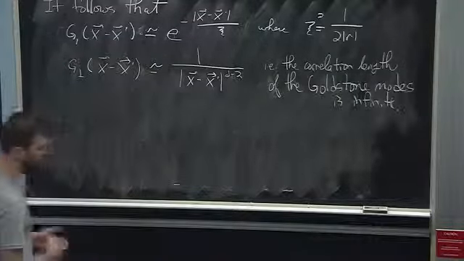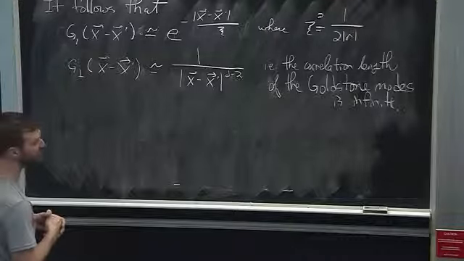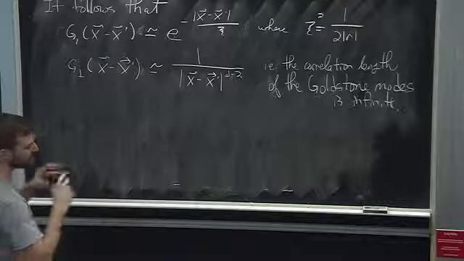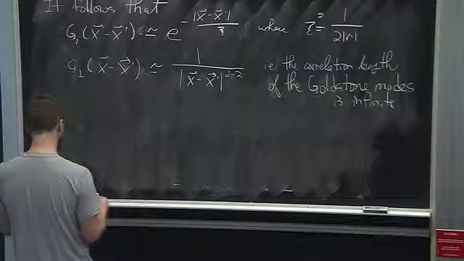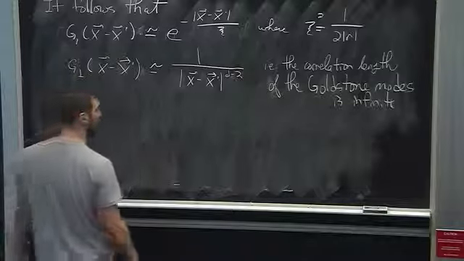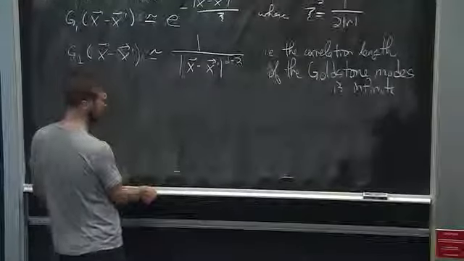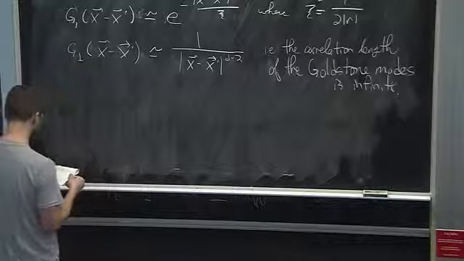So let's just calculate that 2-point function for the Goldstone modes explicitly, okay? And if we solve that integral as a function of dimension, this is what I'm chasing for the lower critical dimension. So I hope this works.